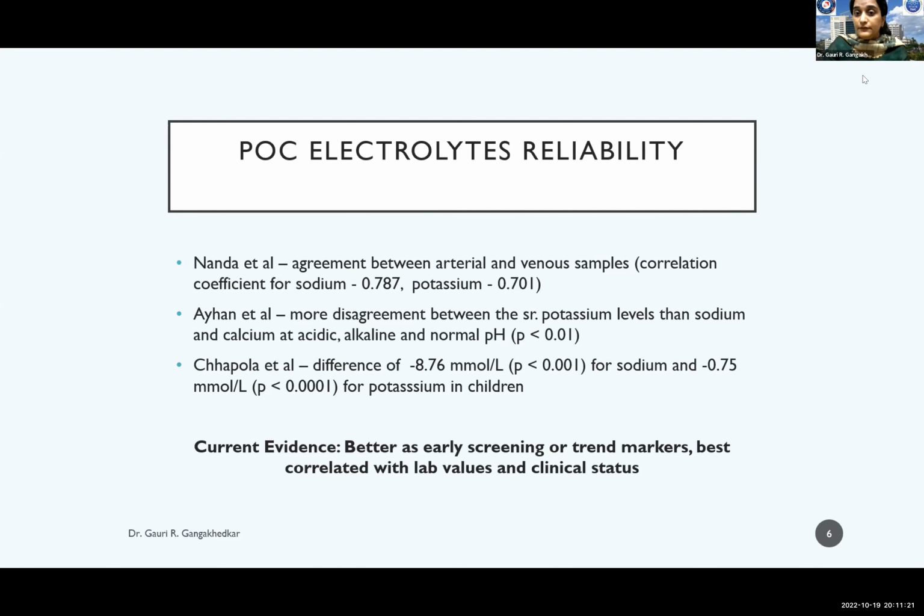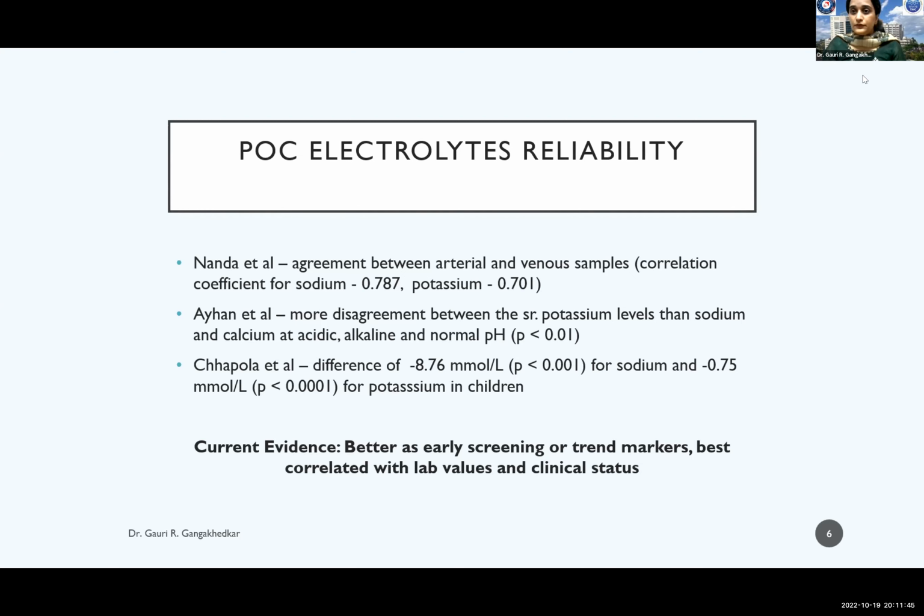However, Ihan et al. found that there is more disagreement between the serum potassium levels than there is at the serum sodium levels. And as far as calcium, whether the pH was acidic, alkaline, or normal, there appeared to be a difference. This difference was even more profound in children. Again, the hypothesis remains the same. It's possible that we're adding different levels of heparin.